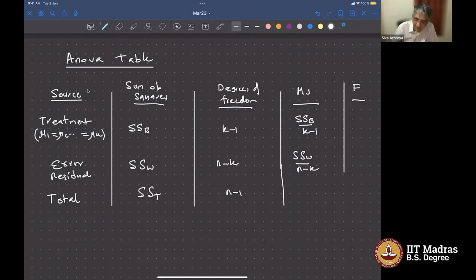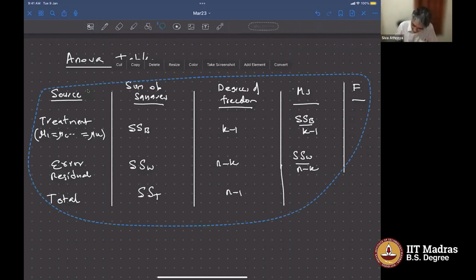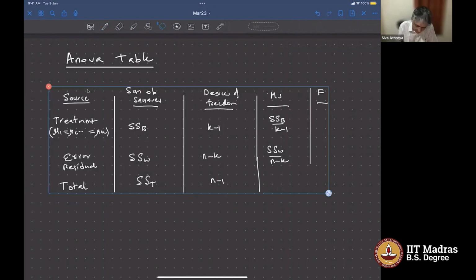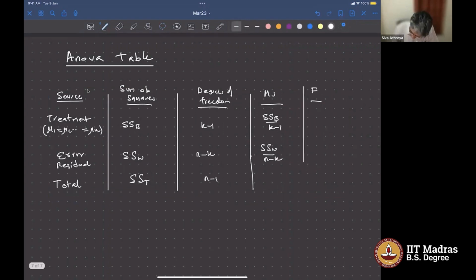And here the F ratio is just going to be SSB over k minus 1, the whole thing divided by SSW by n minus k. That's the F ratio you look at.